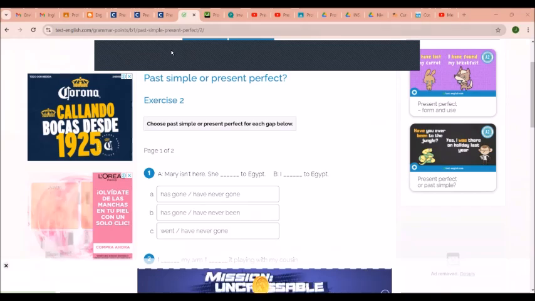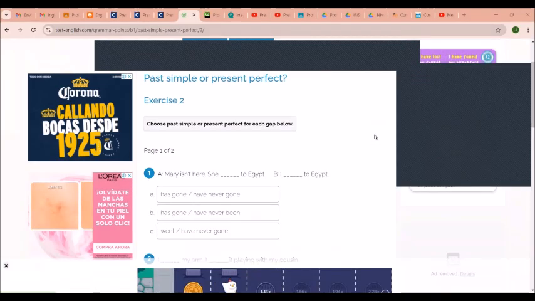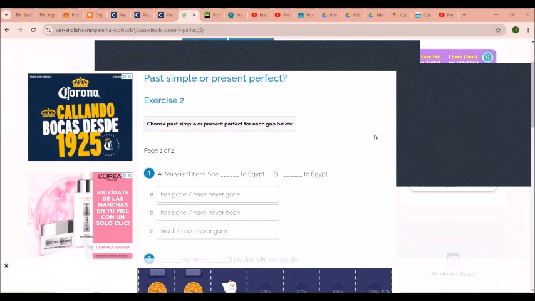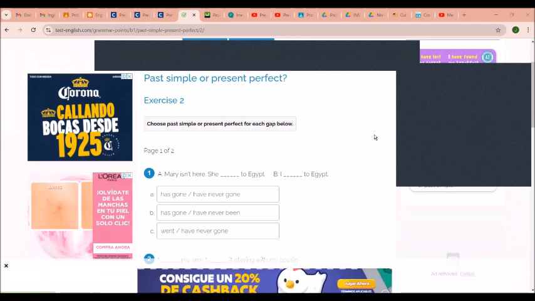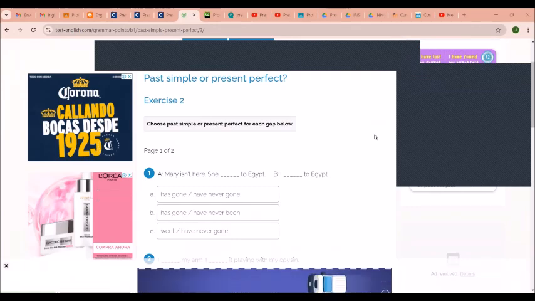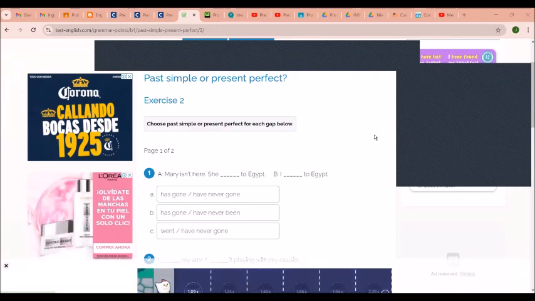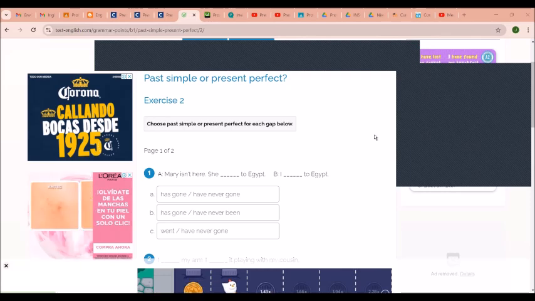All right. What about this one? Did it load properly, Irma? Can you see the screen? Yes. All right. Go ahead. How do you complete the sentence? Mary is in here.